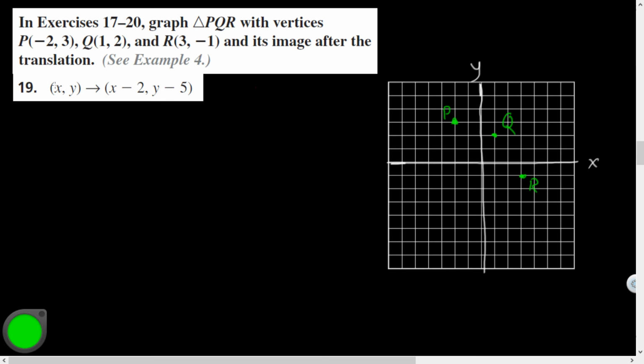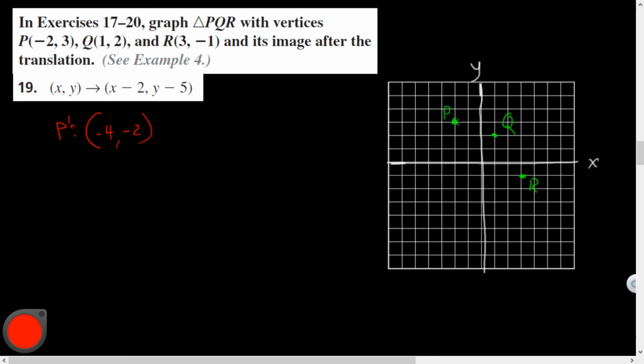So if I want to use this rule for translation, all of my x coordinates will be subtracted by 2, and then the y coordinates are subtracted by 5. Notice I could do this without graphing it, theoretically. I could have just said P prime is going to be the point -2 minus 2 would be -4, and 3 minus 5 is going to be -2.